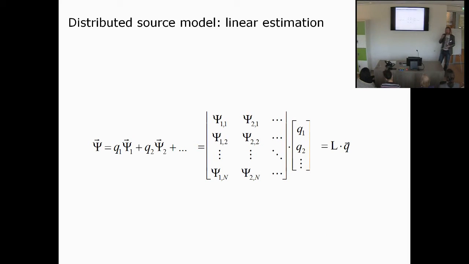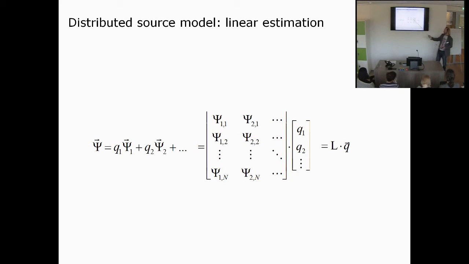As before, we have linear superposition. So the combined potential is the sum of the potential distribution of each individual source. And that's again something that we can write in matrix form. This is the number of channels, and this is again the number of sources. But rather than having 3 dipole orientations that we have to worry about, now we have to worry about a dipole strength for each of the individual nodes in our cortical sheet.